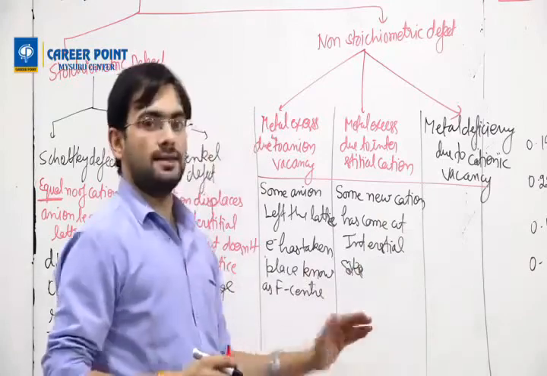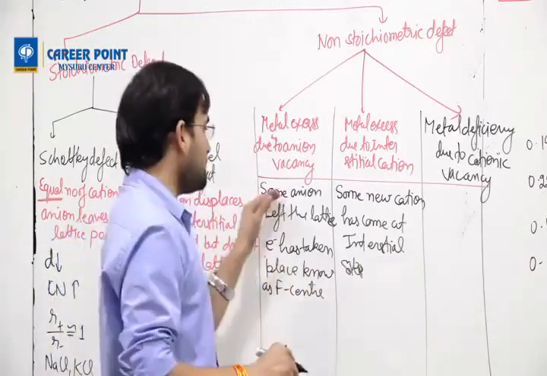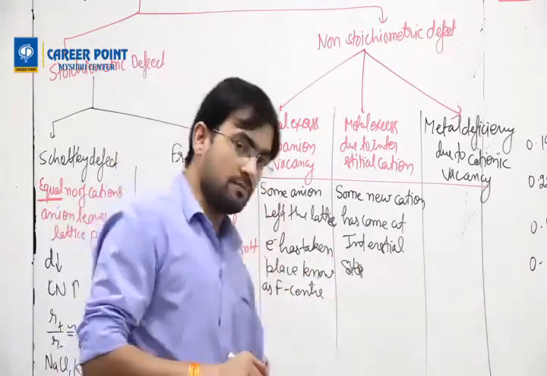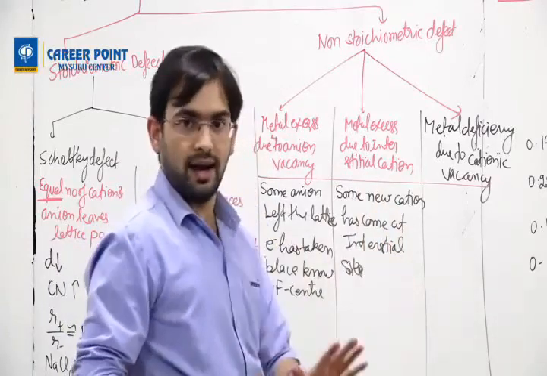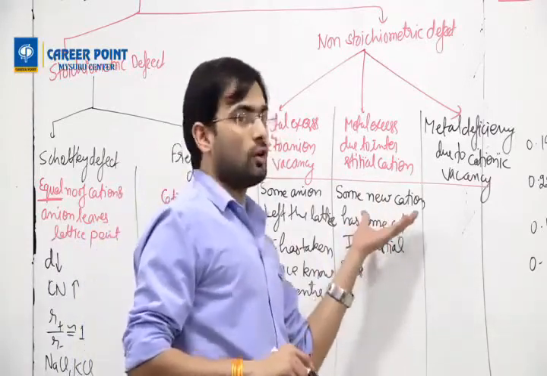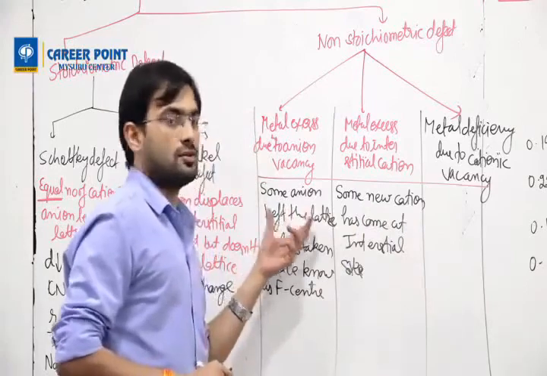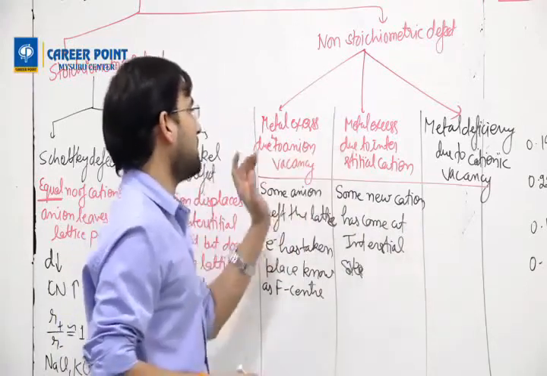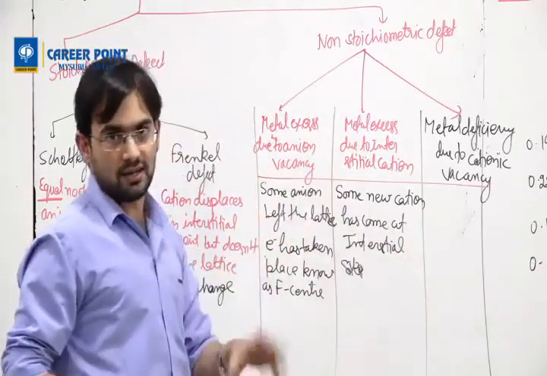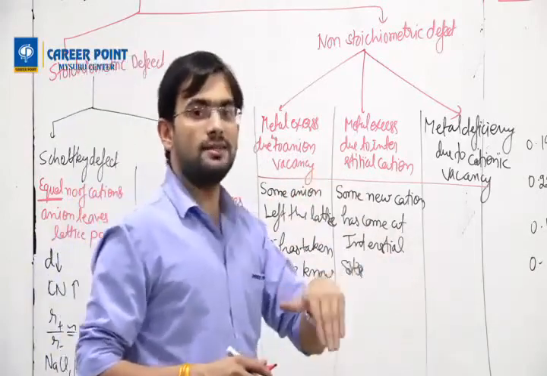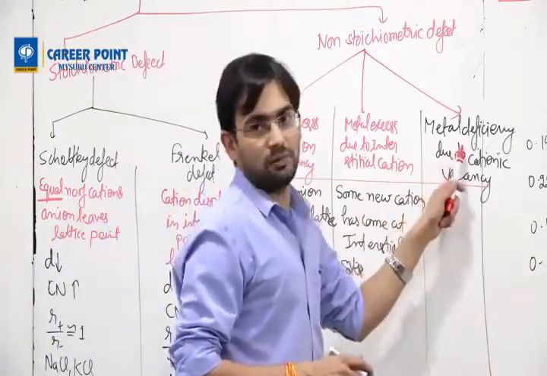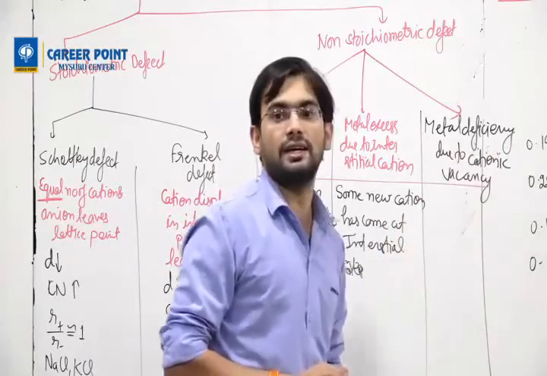In both cases cation is only more, because here some anion has left, here some more cation has come. Anion is the same. So total cation is more in both cases. That's why I am writing metal excess. Due to anion vacancy means anion is left. Due to interstitial cation means cation has come. This is another point: metal deficiency due to cation vacancy.